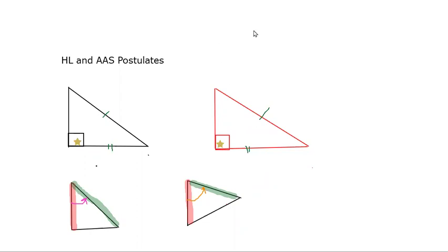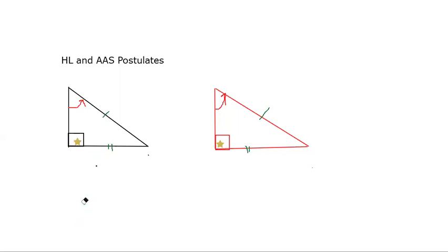Therefore, this angle at the top has to always stay the same because this angle stays the same. So only in right triangles does this hypotenuse leg, or two sides being congruent, apply. All other triangles, you cannot say they're congruent just because you have two sides equal.